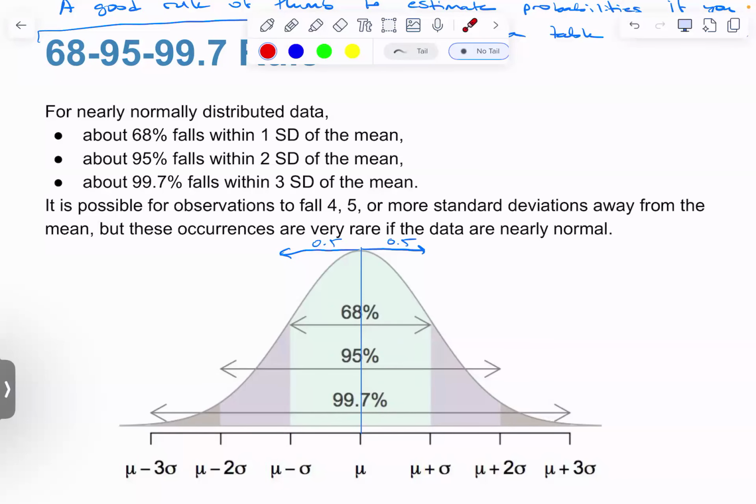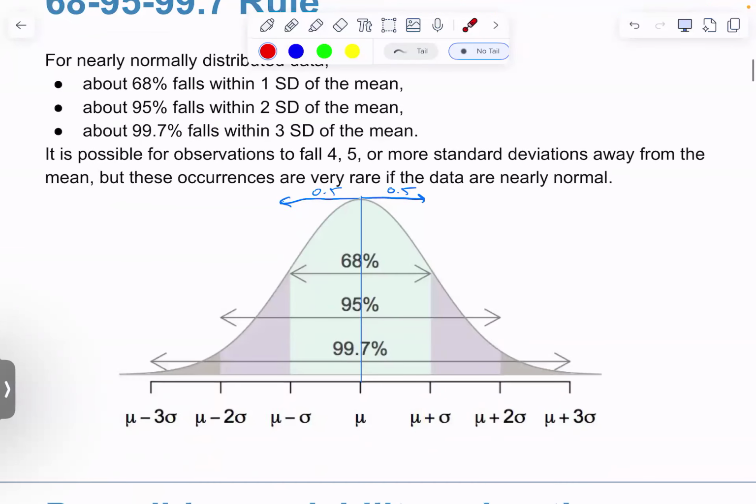So you wanted to know, for example, what this probability is. How would you do that using just the 68, 95, 99.7? We've only introduced 68 so far. But what's the probability of being less than 1 standard deviation below the mean, is how we would phrase it.